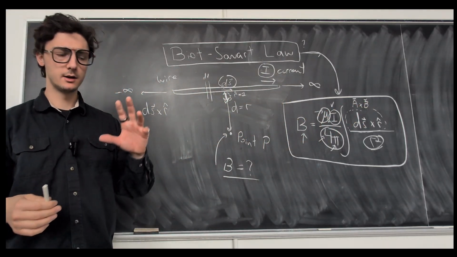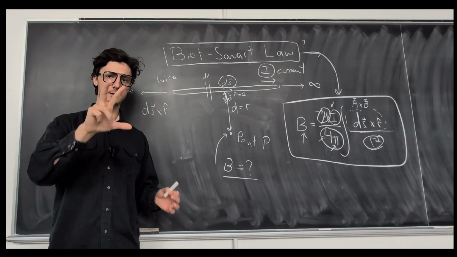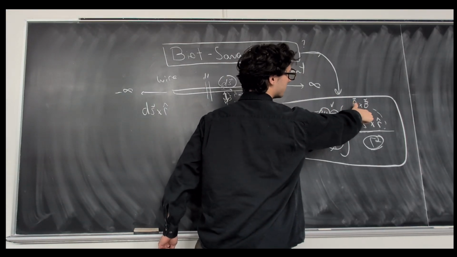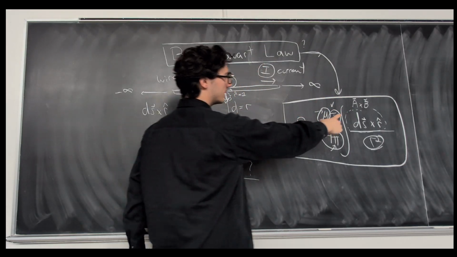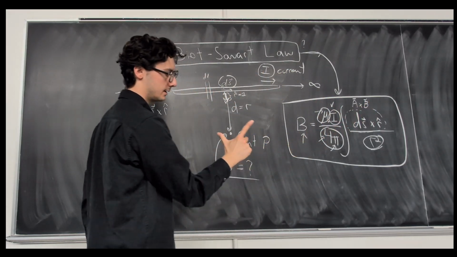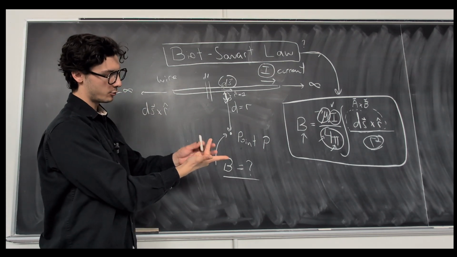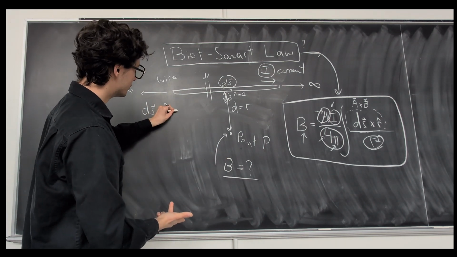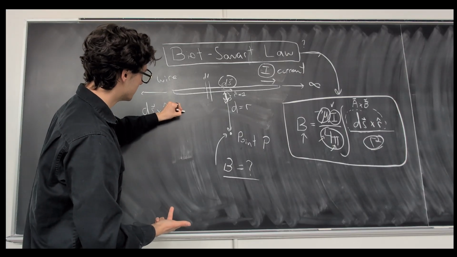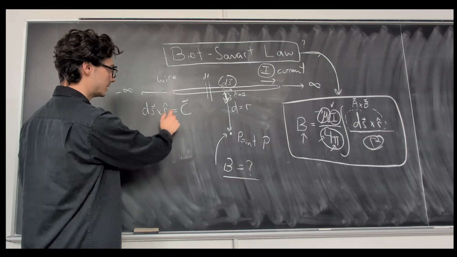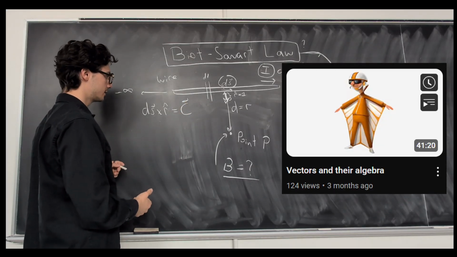Cross products obey the right-hand rule. This is my left hand. This is my right hand. The thumb normally points in the direction of this vector. Your pointer finger normally points in the direction of this vector. And if you make this kind of square-looking thing like this, this finger points in the direction of the result of this cross product. So let's say this is C. Cross product spits out a vector. Check out my vector video for that.